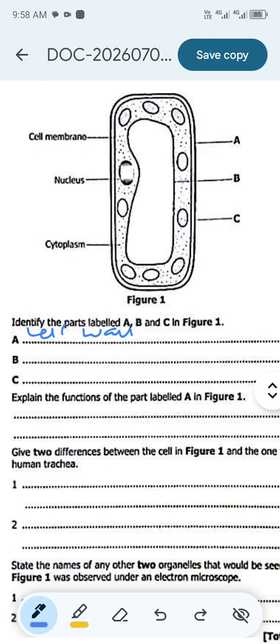B is pointing at the vacuole. And then C is pointing at the chloroplast. We have identified the parts that we were supposed to identify.